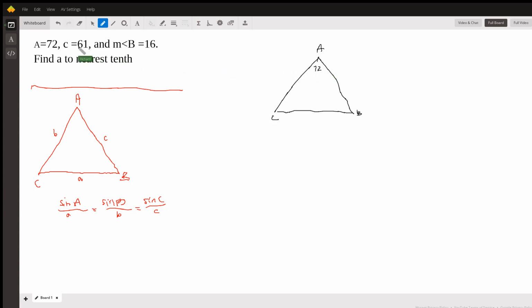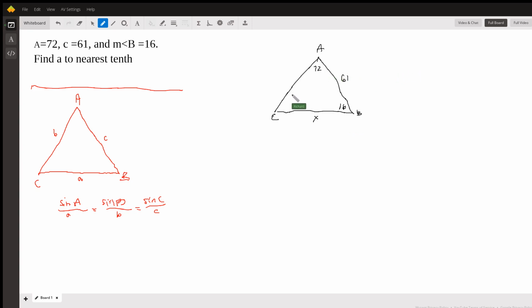And then little c is across from angle C. That side is 61. And then the measure of angle B is 16. And what they want to know is little a, which is across from angle A. I'll just make that x because we're so used to solving for x. I always like to make whatever it is I'm solving equal to x.